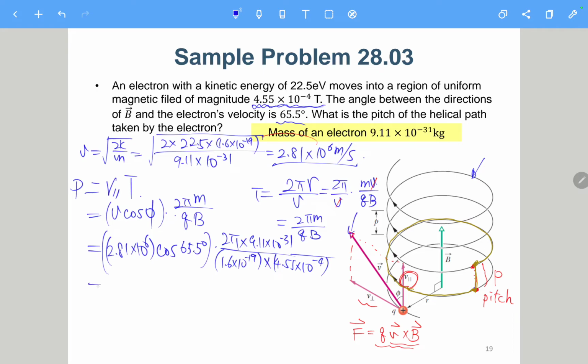So in that case, we can calculate that the pitch is 9.16 centimeters. Okay, any questions?